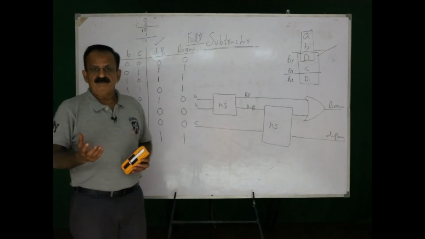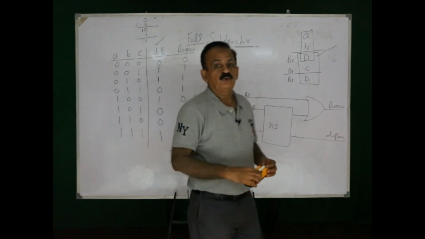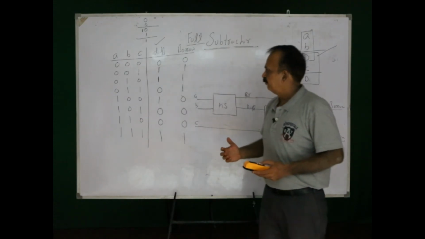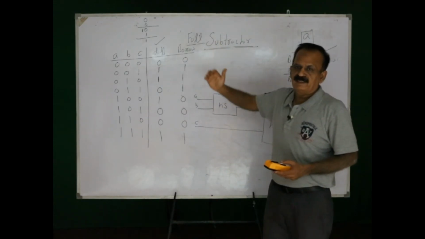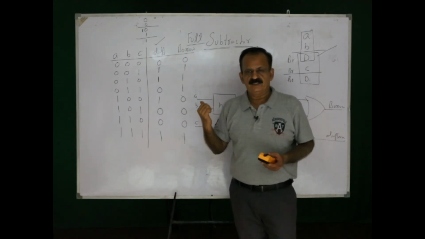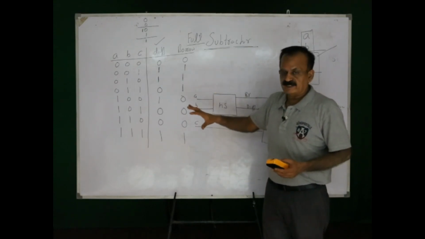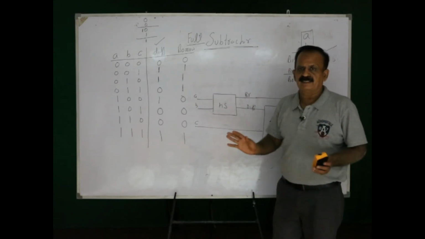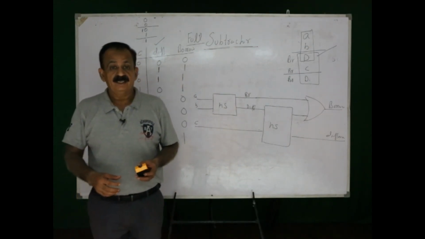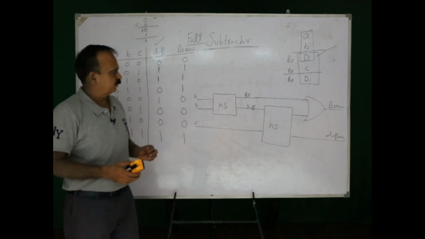Another question can be: implement the half subtractor by using universal gates, yes, by using NAND gates, and similarly implement the full subtractor by using universal gates, that is, with the help of NAND gates. So for half subtractor and full subtractor, there can be direct questions.